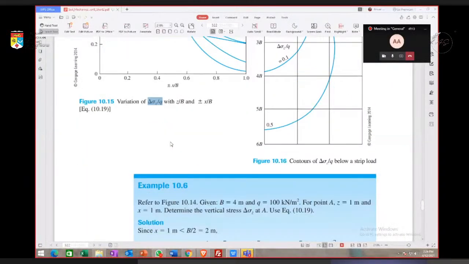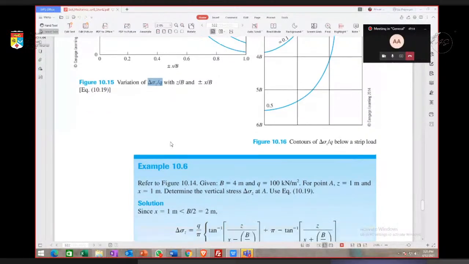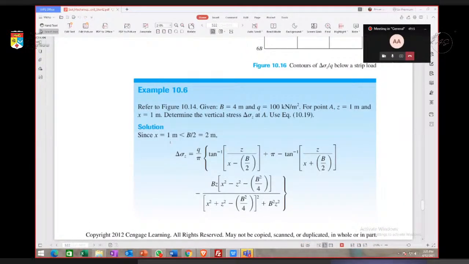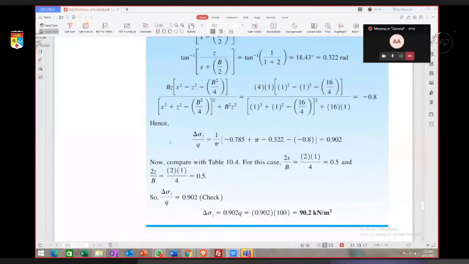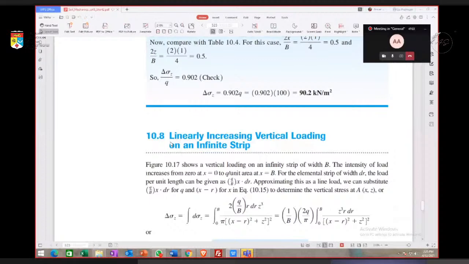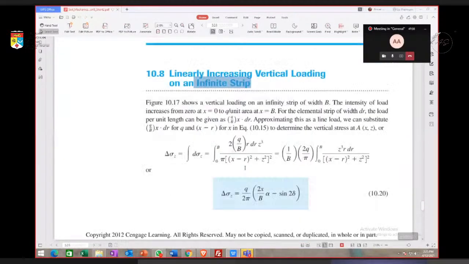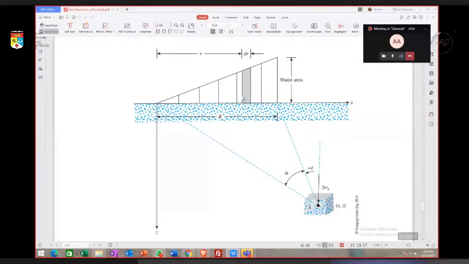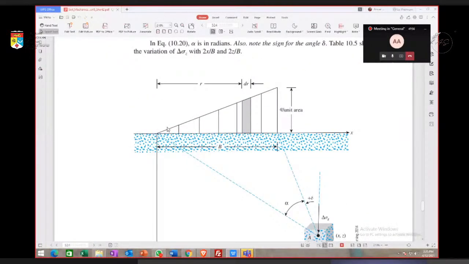Okay, then we look at vertical loading on an infinite strip, meaning that now we have an infinite vertical loading, increasing linearly, meaning that it's not evenly distributed. The load is like this.